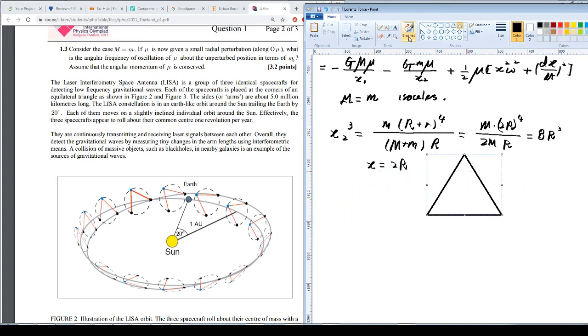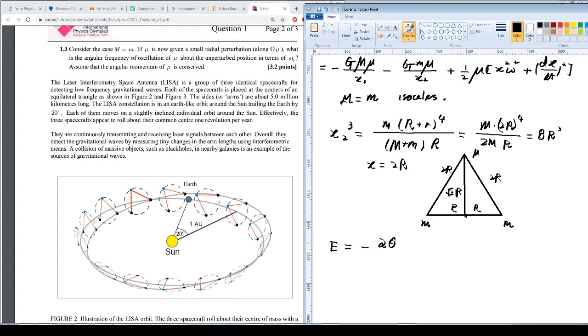Okay, so let's draw everything again. So let's also simplify our total energy.